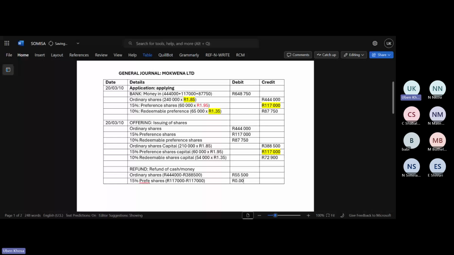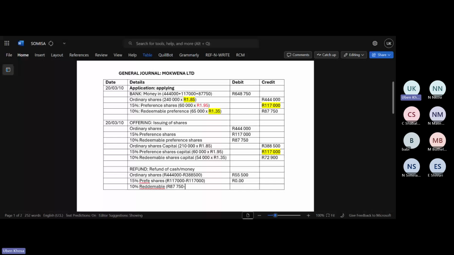Then the last one, the 10% redeemable shares. They applied to the value of 87,750. Then we offered to the value of 72,900.